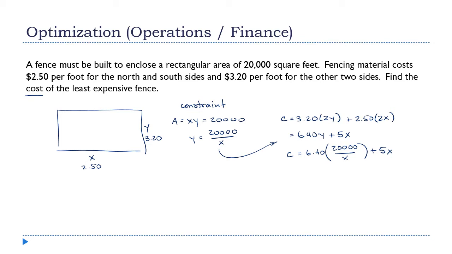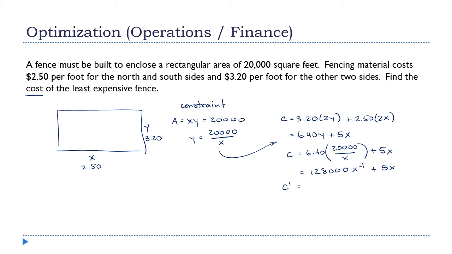And let's see. Now we've got a little cleanup to do, right? 640 times 20,000, that's 12,800,000. So this is 12,800,000 x to the negative first plus 500x, right? And now we can differentiate.